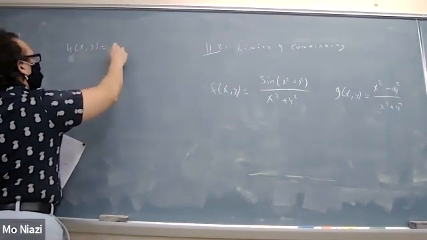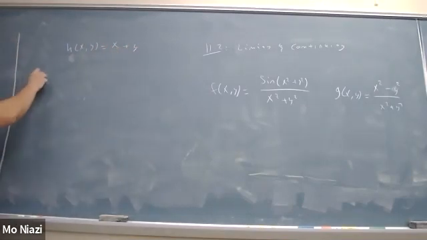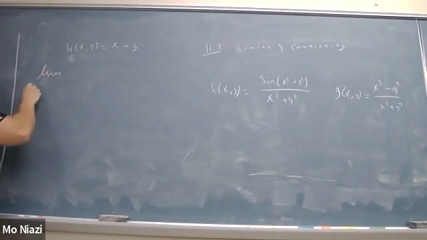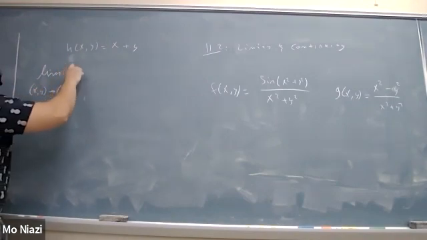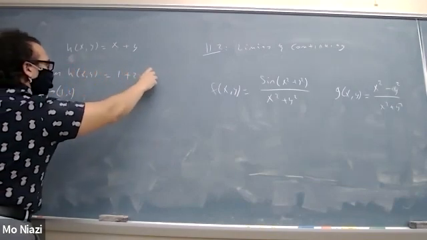Let's say it equals x plus y, just to keep it simple. Well, I can calculate the limit as x, y approaches 1, 2 of this function. And that would just equal 1 plus 2, which is 3.